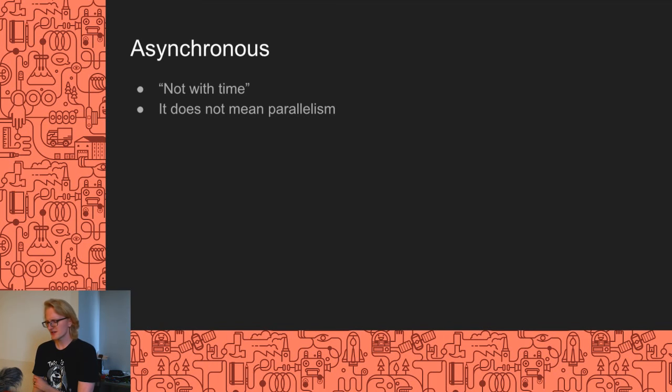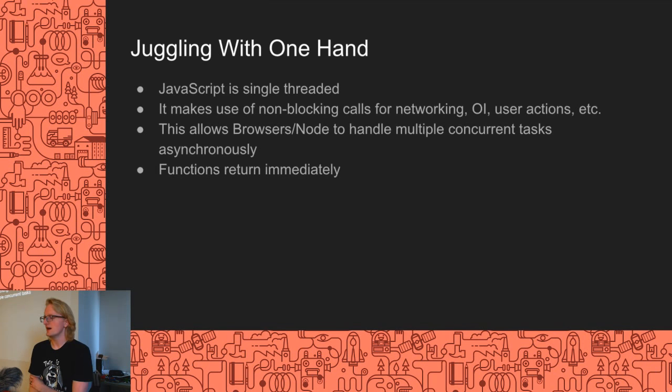But asynchronous shouldn't be confused with parallelism. JavaScript is single-threaded and can only do one thing at a time. The analogy I have in my head is someone juggling with only one hand. It might have a lot of balls in the air, like different user interactions, different requests going in and out.